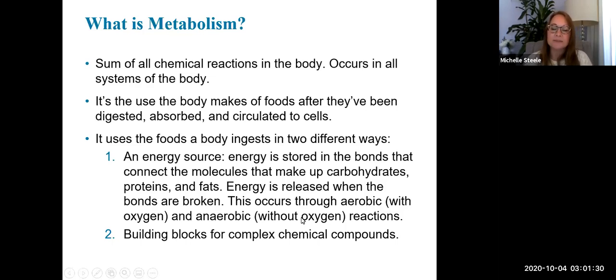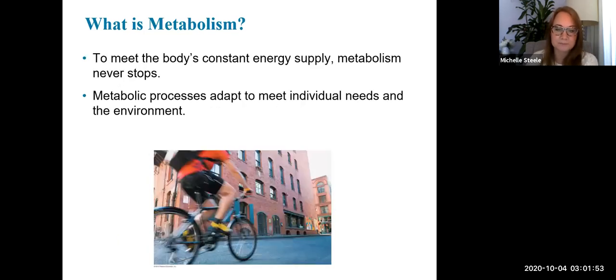So these different reactions are going to be necessary in order to facilitate enough energy being brought to the cell. Now, we're going to talk about the building blocks for complex chemical compounds in the body and how the body is going to use these different chemical compounds to facilitate the metabolic process.